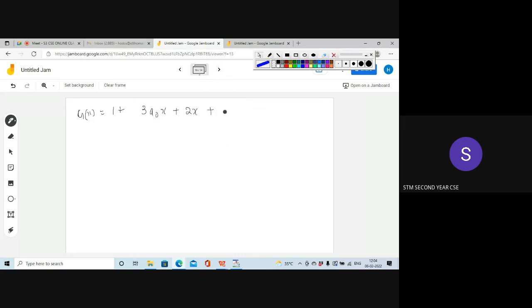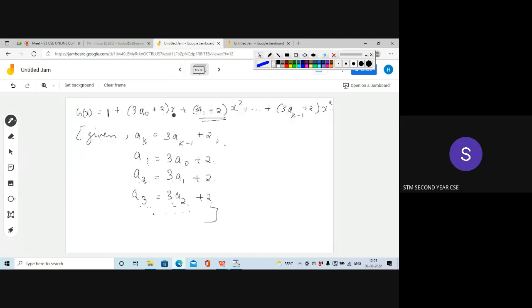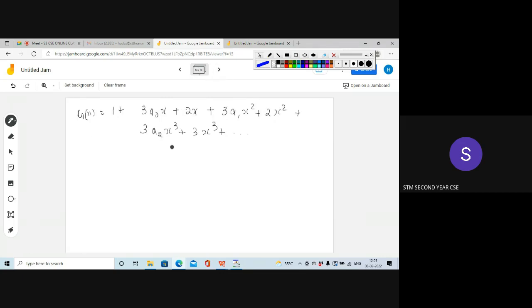What is the next term? 3a2x cube plus 2x cube and so on. I am opening these brackets, multiplying x with both the terms, multiplying x square with the inner terms and so on. So I get the series like this.